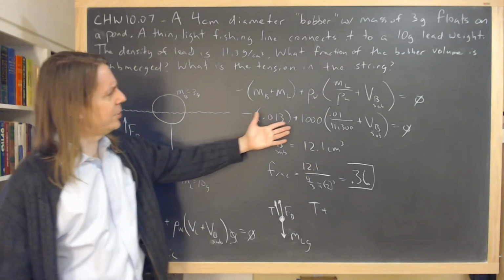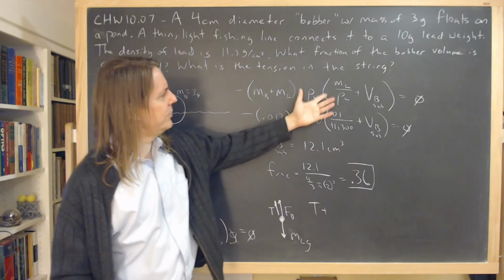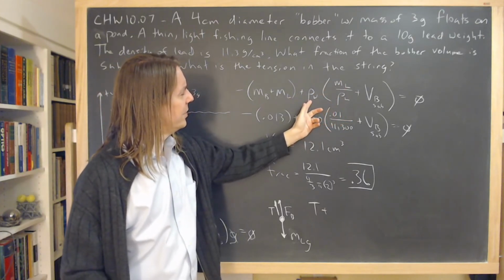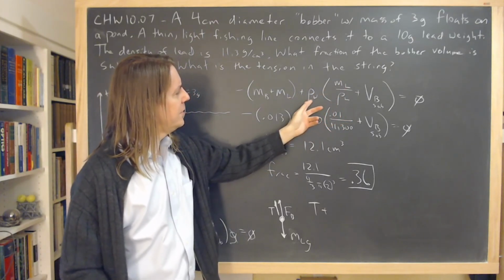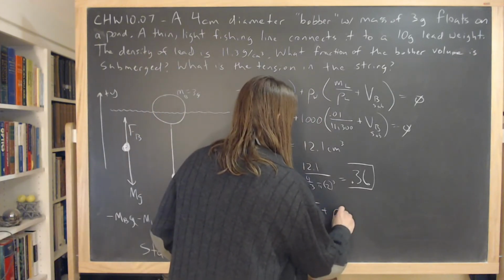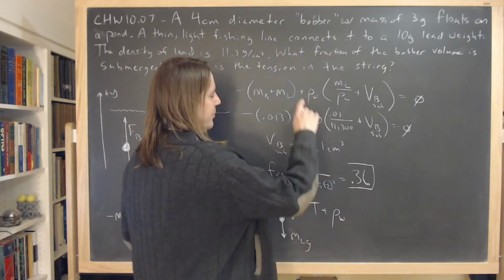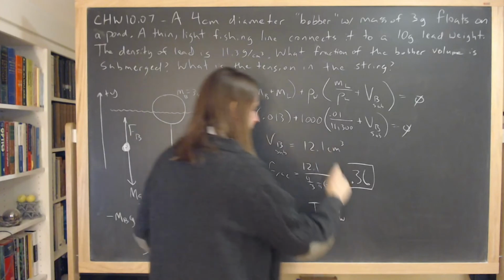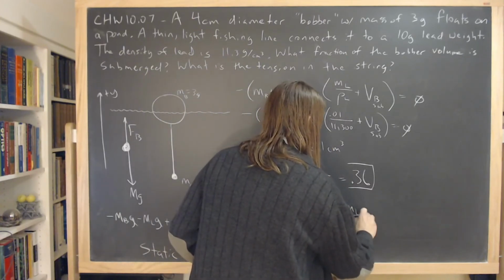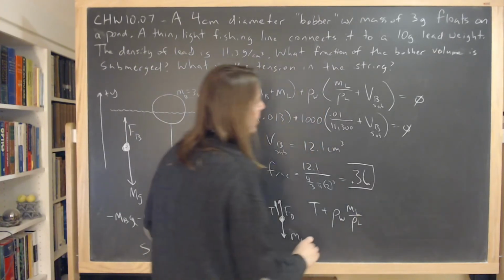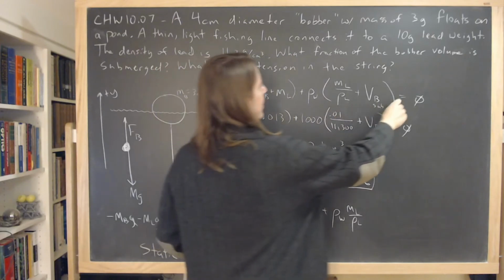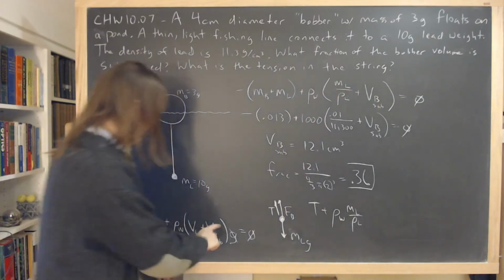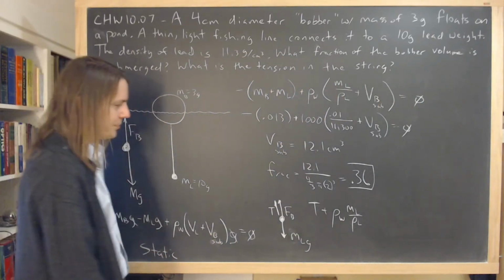I guess I didn't give you a number for it. It was the density of water times the volume of this thing, which was the mass of the lead over the density of lead, times, oh my god, I forgot this g. No, I canceled that g. Yeah. Times g.